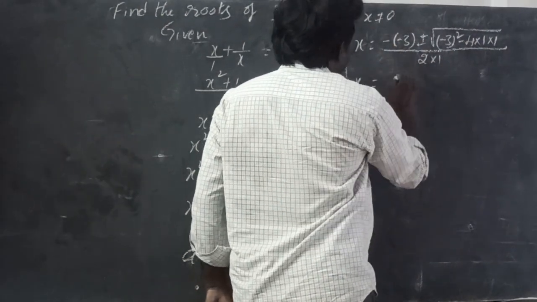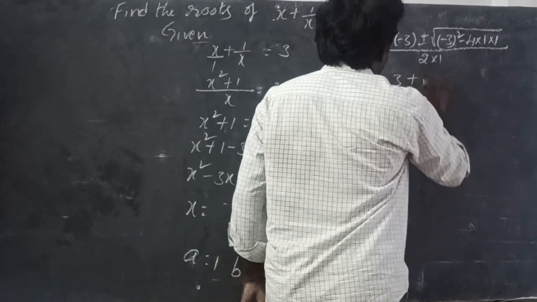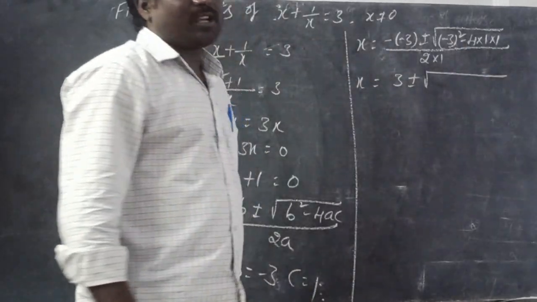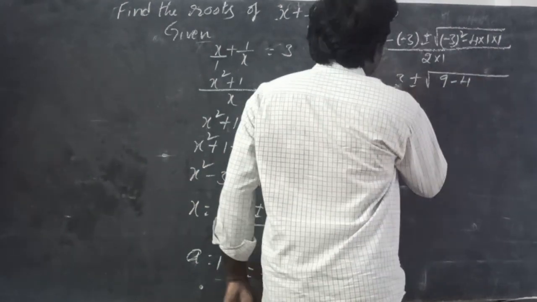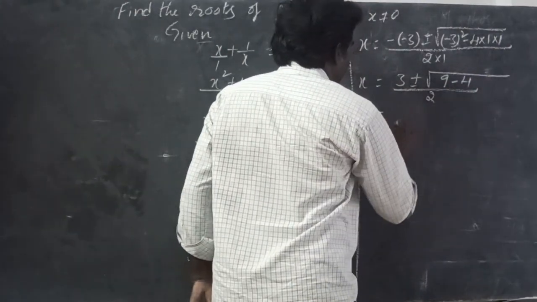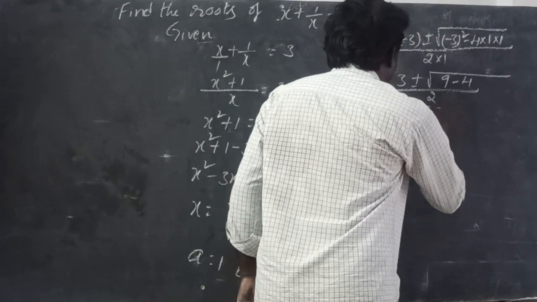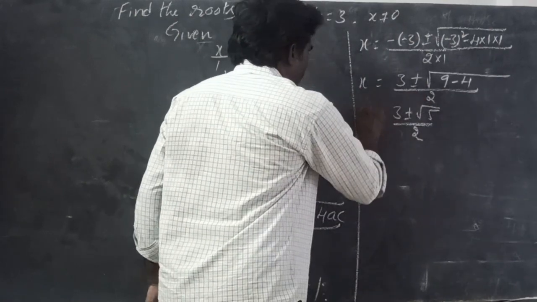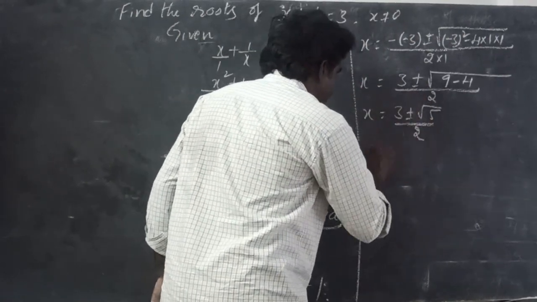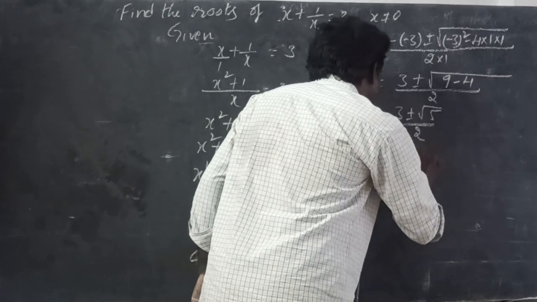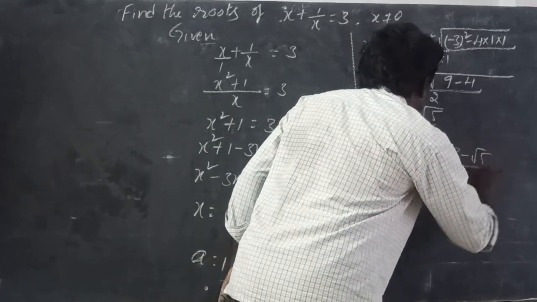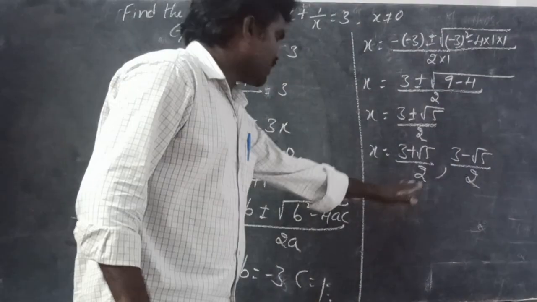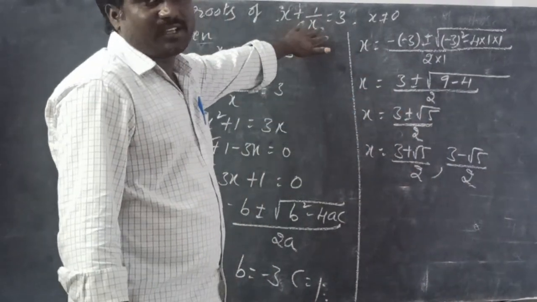So 3 plus or minus square root of 9 minus 4, by 2. 9 minus 4 is 5, by 2. Now how many roots are there? 2. What are they? x is equal to 3 plus root 5 by 2, comma 3 minus root 5 by 2. So these are the roots of the given equation.